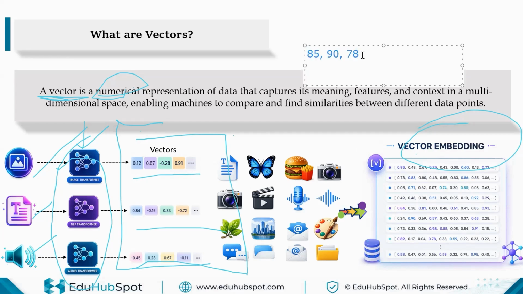But when I give a context behind it saying these are basically students' marks, these are students' marks for subjects like math, English, and science. Then this becomes an embedding because now these same numbers have meaning behind them.